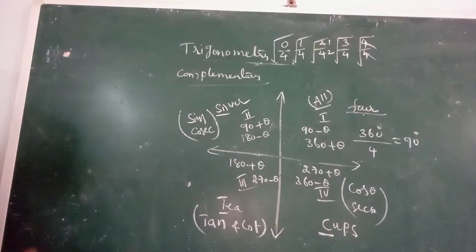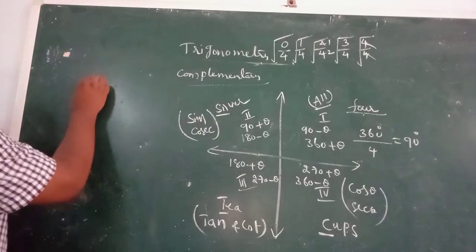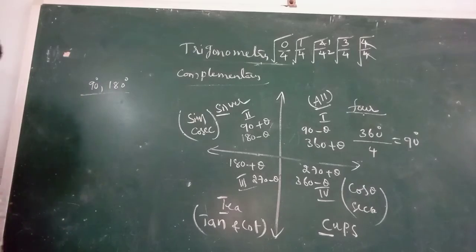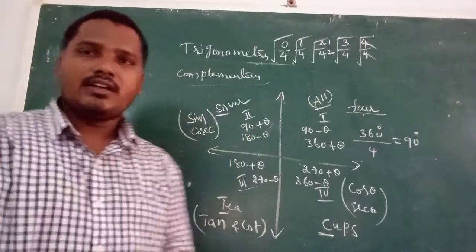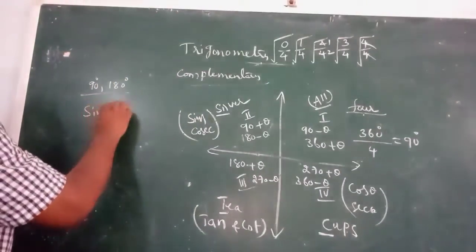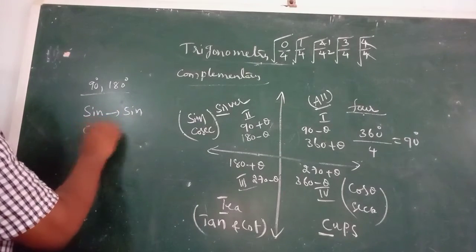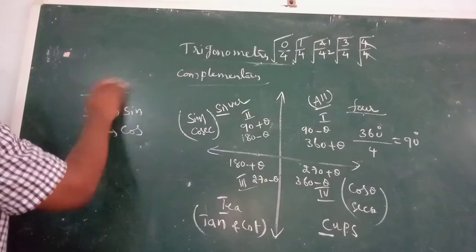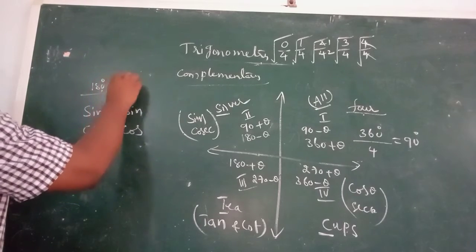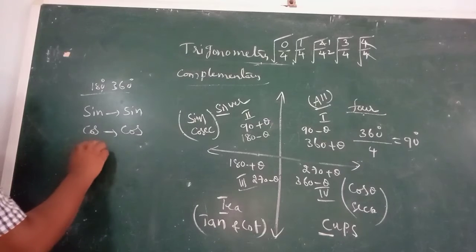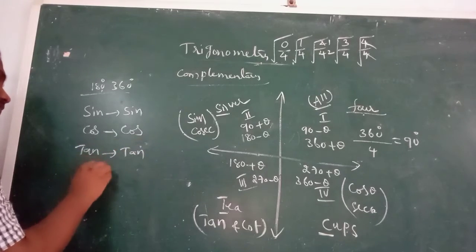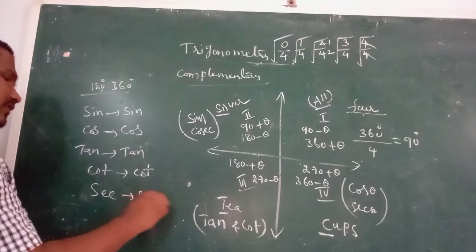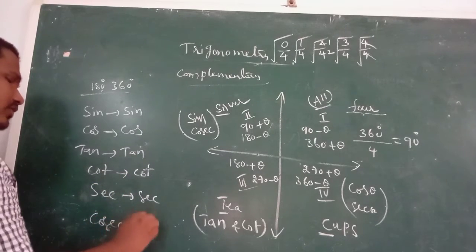Here we are applying this on 90 degrees, 180 degrees. If we are taking 180 degrees and 360 degrees, then sin will become sin only, cos will become cos, tan becomes tan only, cot becomes cot, secant becomes secant, cosecant becomes cosecant.